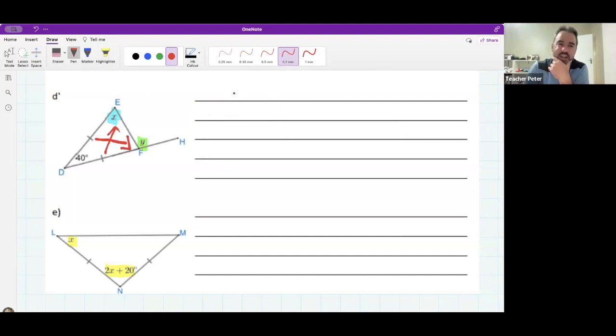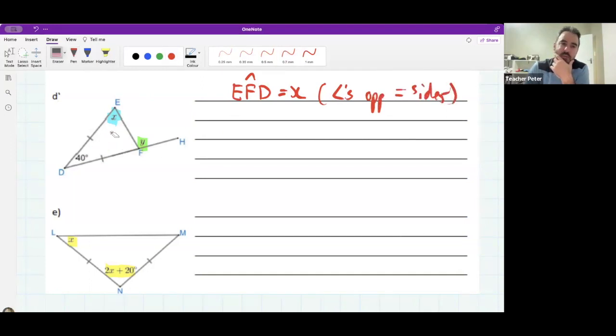So I'm even going to write EFD. So EFD is X because of angles opposite equal sides. And that's going to be my hint for you. So this is also going to be X, but you need to find me the value of X and then find me the value of Y and put it in the chat, please.